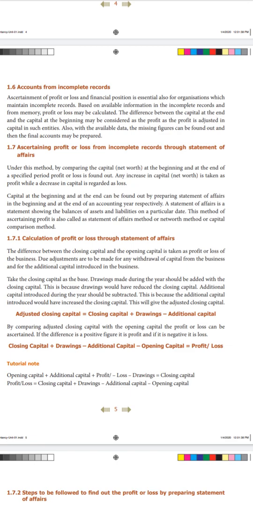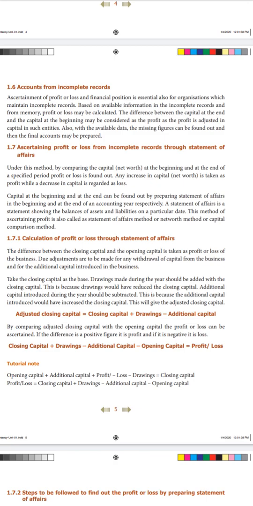If there are any adjustments like withdrawals or additional capital, those adjustments will also be included while preparing the statement of affairs. How can it be done? We'll take the closing capital as the base and do the reverse calculation.